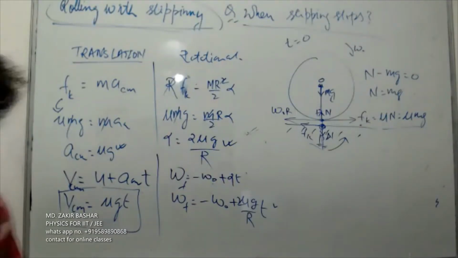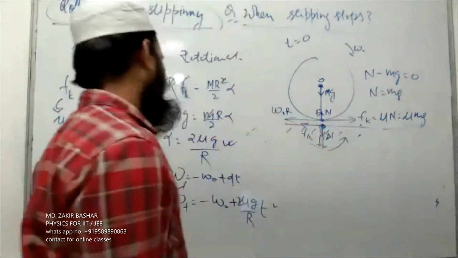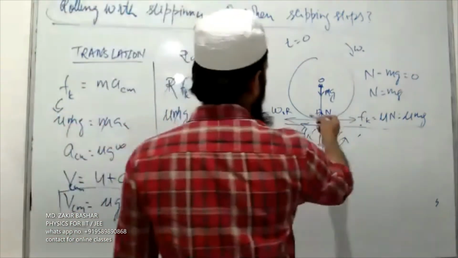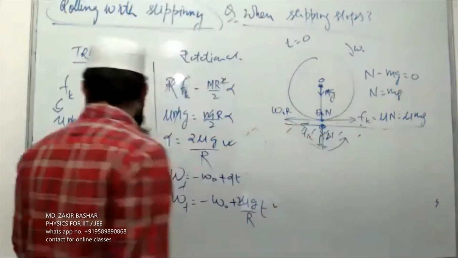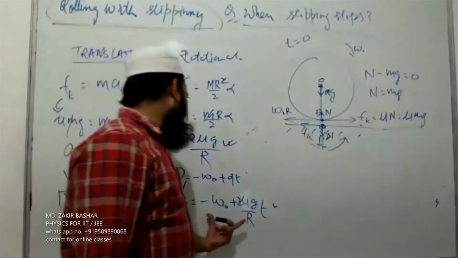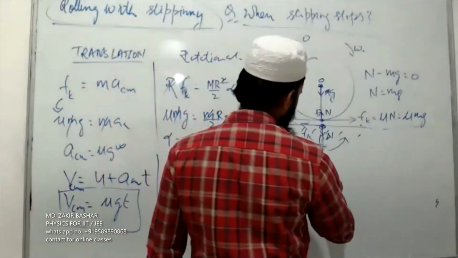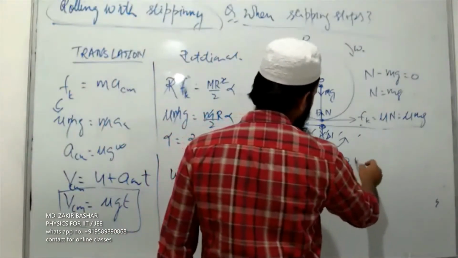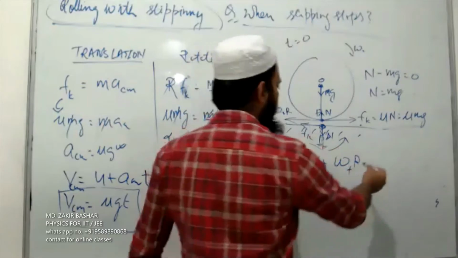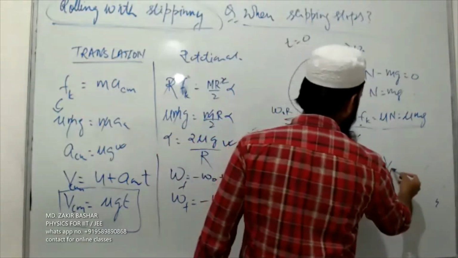If you know the velocity of the center of mass and you know the final omega, then V_cm plus omega final into R after time t will be equal to Vp dash.